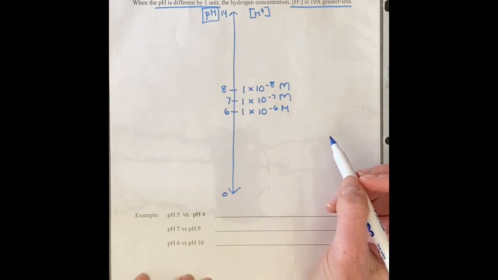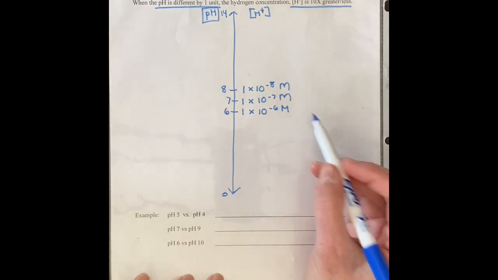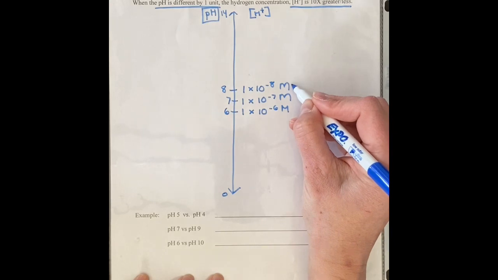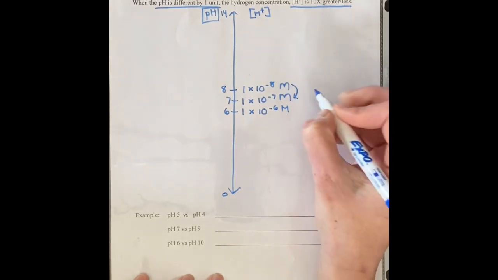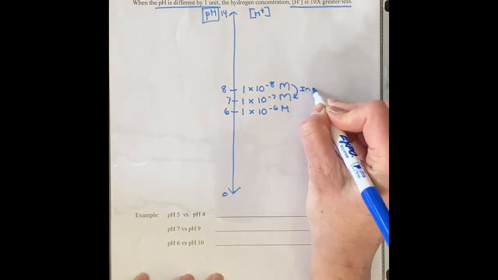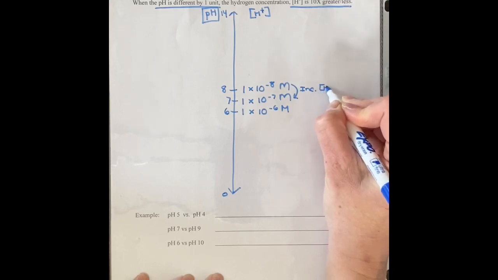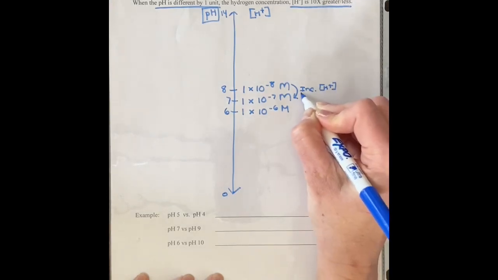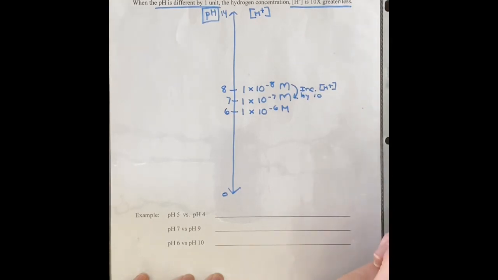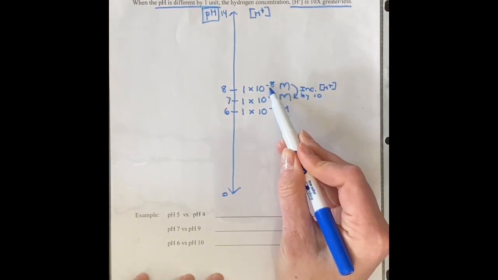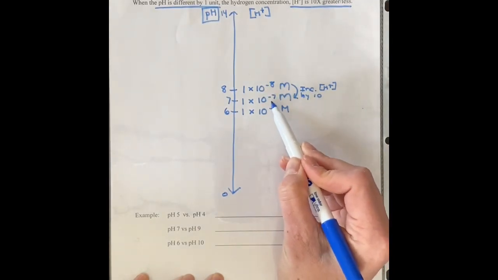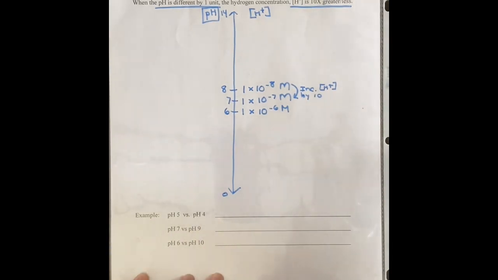Okay, well, as you go from 8 to 7, we just increased the hydrogen concentration by 10. Okay, because look, 10 to the -8, 10 to the -7. That's one jump with the decimal point. That's a multiple of 10.